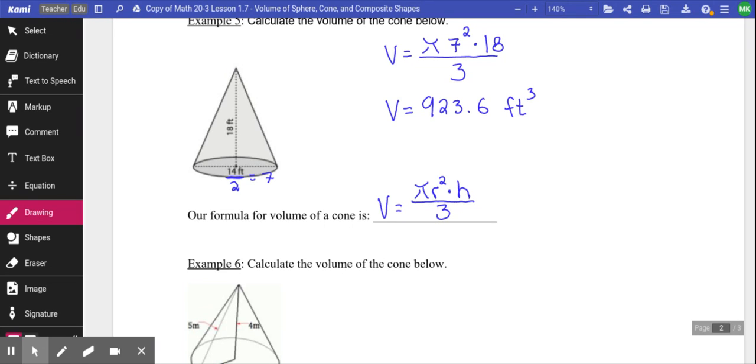Things I want you to take note of on these cones: the height that you use. You must use the height from the middle to the top, not the slant height. Remember questions before when we were doing surface area? They gave us slant height, like, the slant height over here is 13 feet. Volume uses the height from the middle to the top, not the slant height.